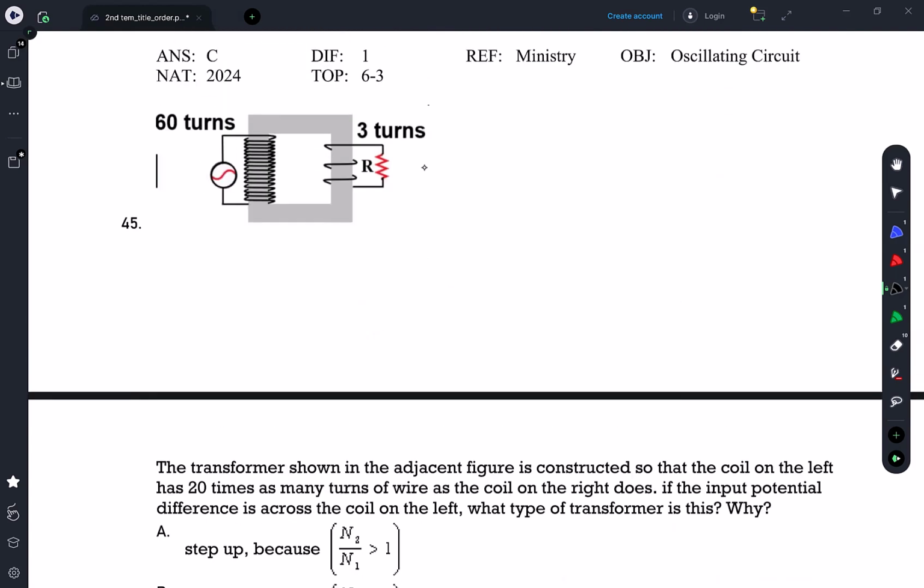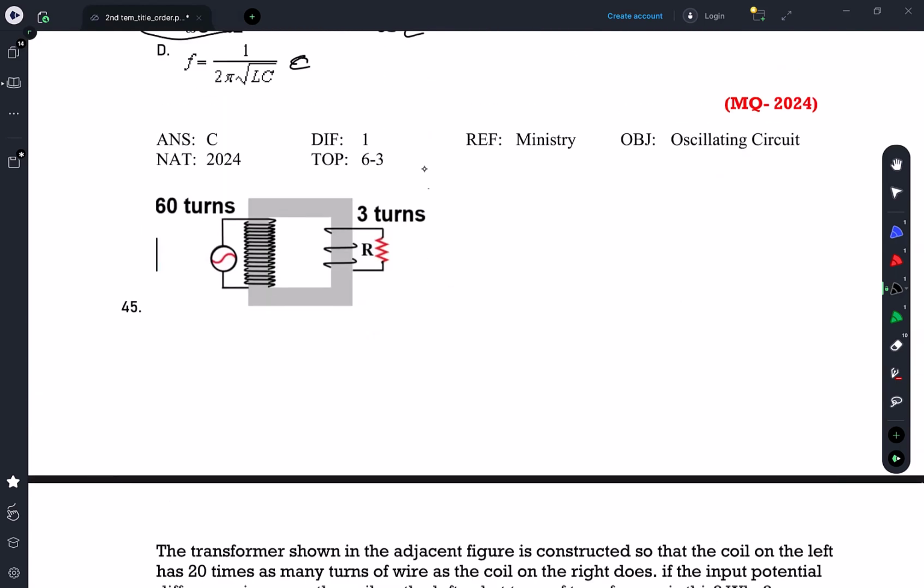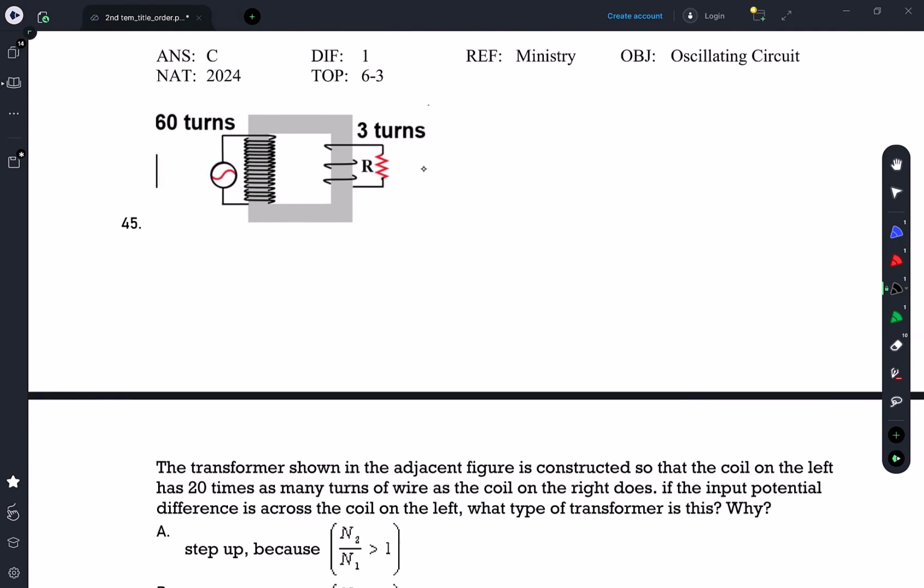A transformer is shown in the adjacent figure. It is constructed so that the coil on the left has 20 times as many turns as the coil on the right. The input potential difference across the coil on the left is V1, and this is V2.